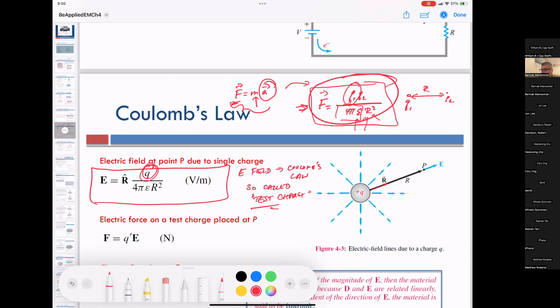Then I would move that test charge all along space, at every point in space, and calculate the force. That test charge would have a value of 1. So at any point in space, I would have the value of this field, which is the electric field.